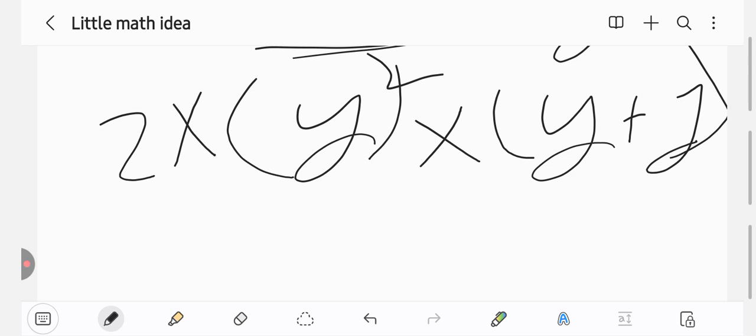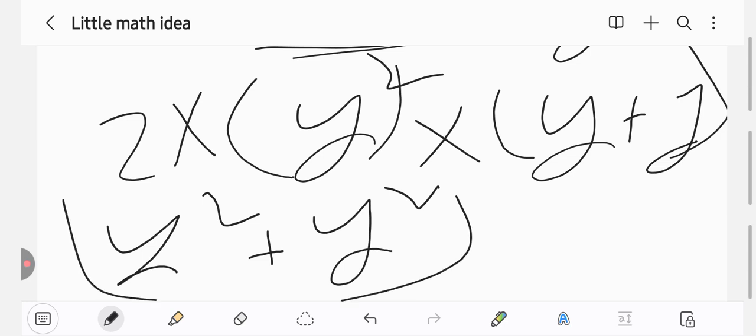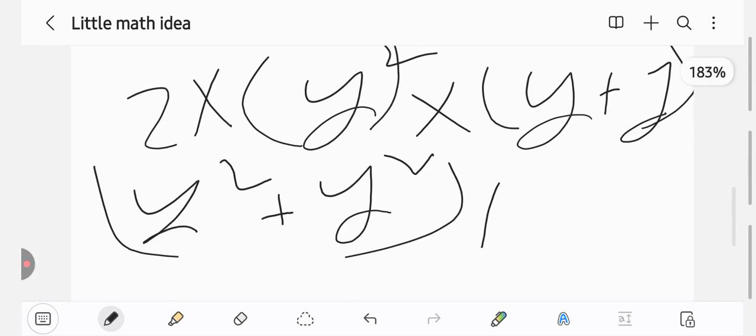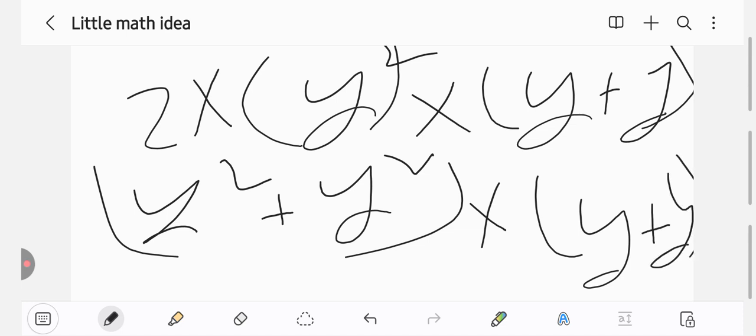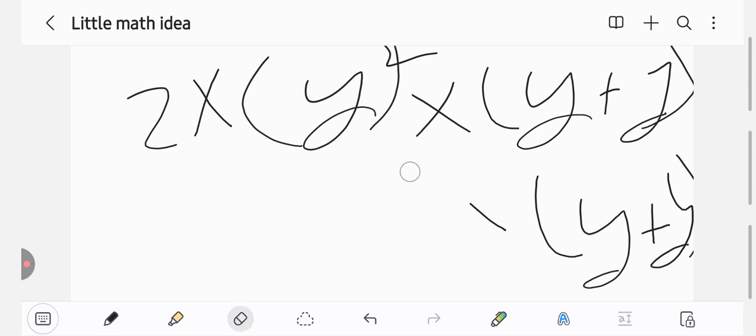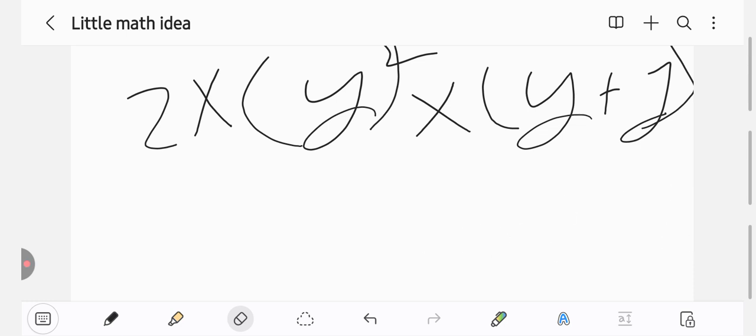So when you have 2 times y squared, you always have to write it as y squared plus y squared, times y plus y, right? I made a little mistake here. It's not like this, it should be something like this.